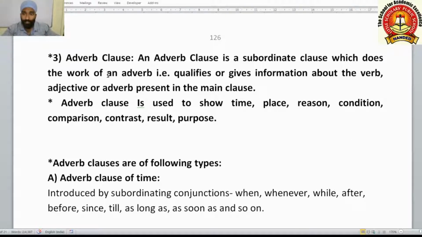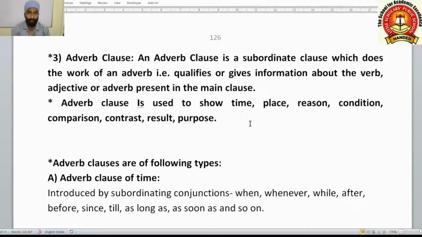You have to write: adverb clause is a subordinate clause which does the work of an adverb, that is, it qualifies or gives information about the verb, adjective or adverb present in the main clause. Adverb clause is used to show time, place, reason, condition, comparison, contrast, result or purpose.